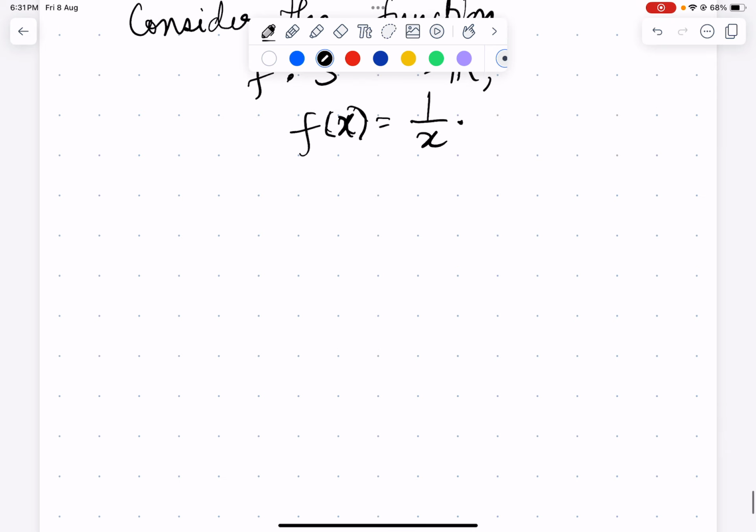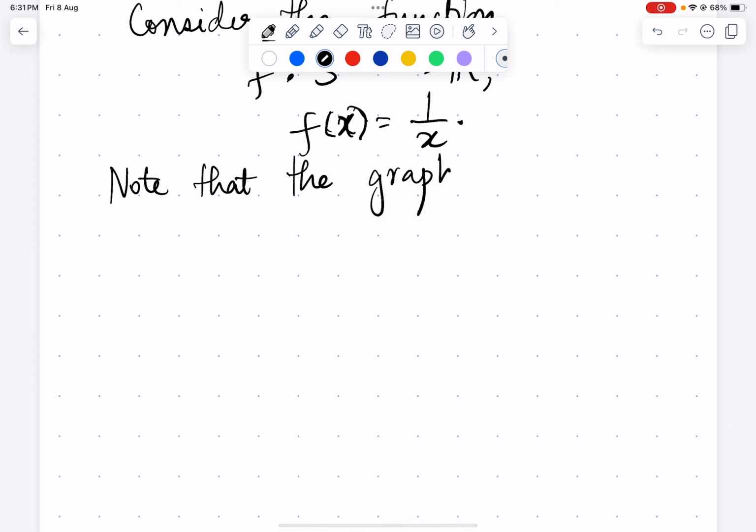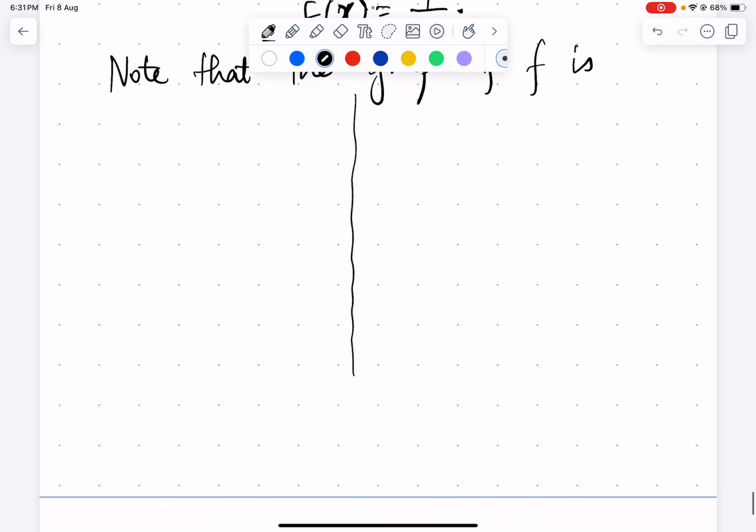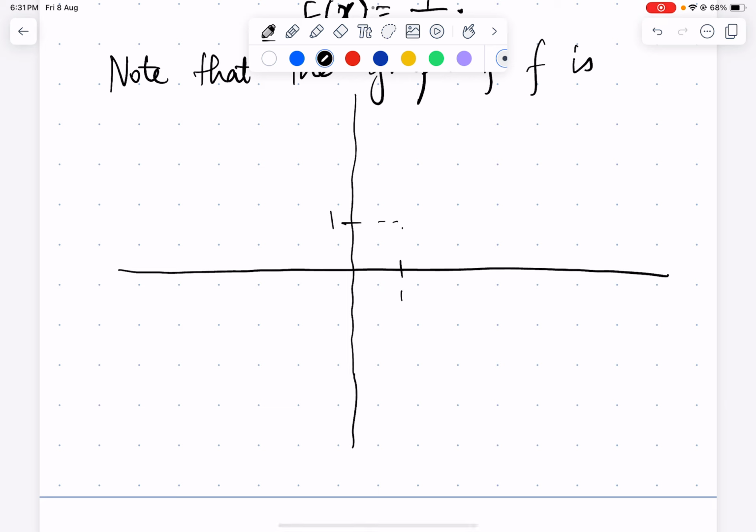So what is the graph of f? For example, at input 1 you get 1.